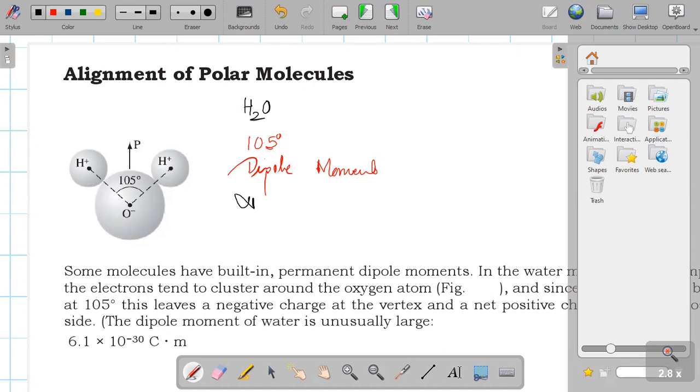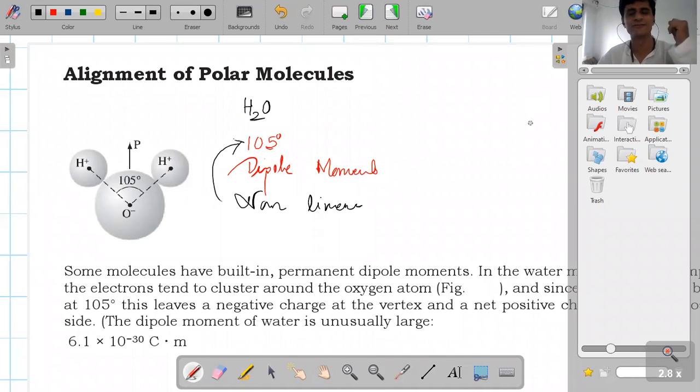Non-linear. We can link this: a 105 degree angle means non-linear. Very good. These are the perfect observations.